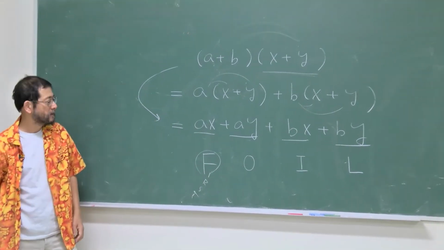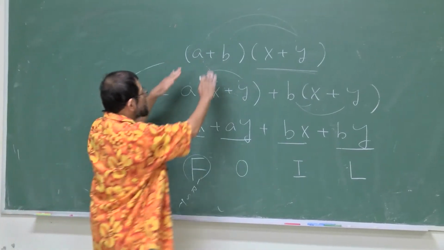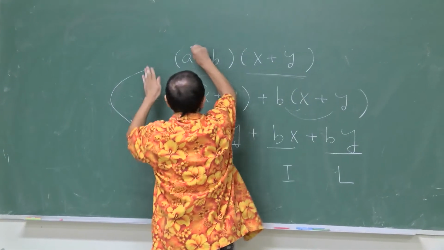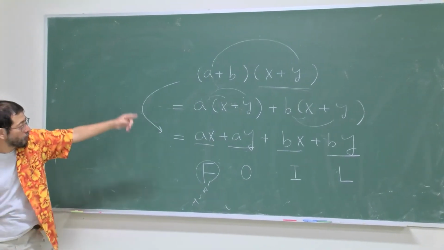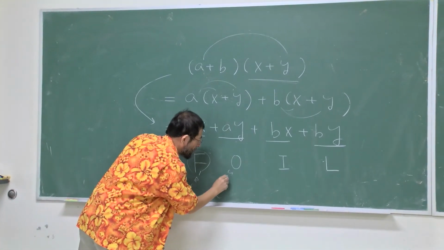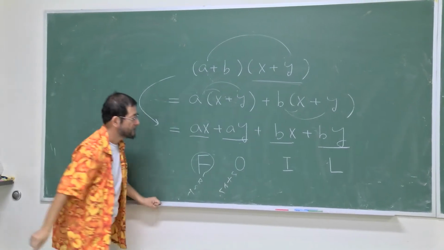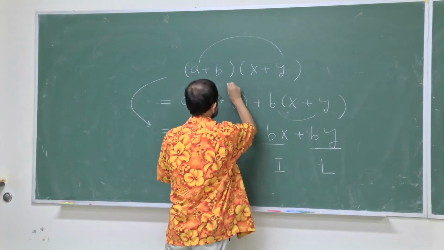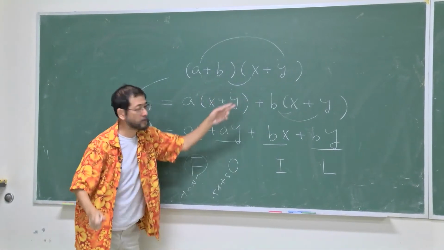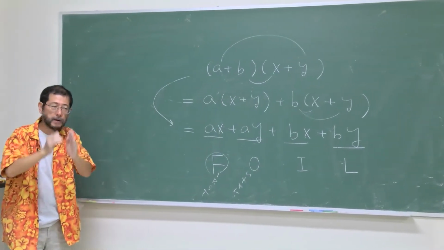Then ay, so this comes from the outside variables of the two pieces. So O stands for outer. Then bx, so this comes from the inner variables.